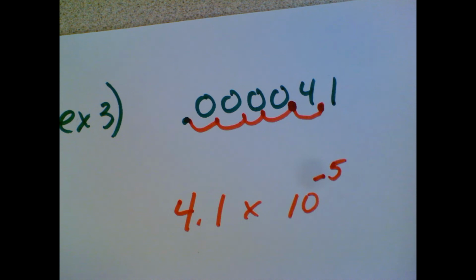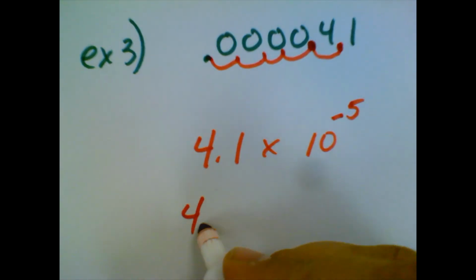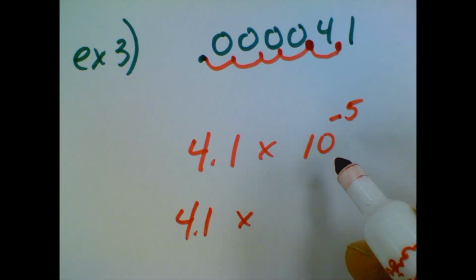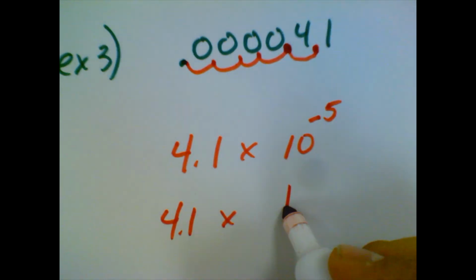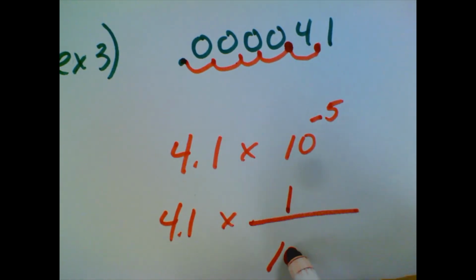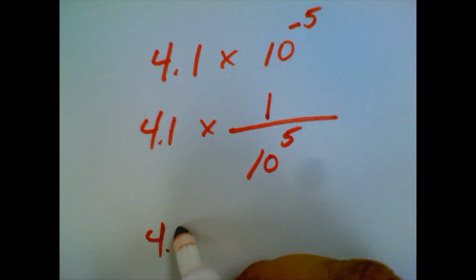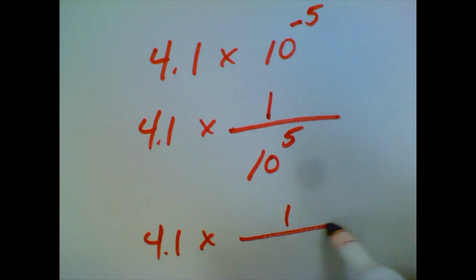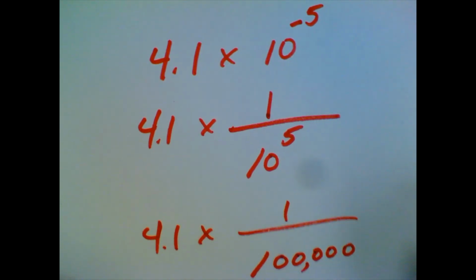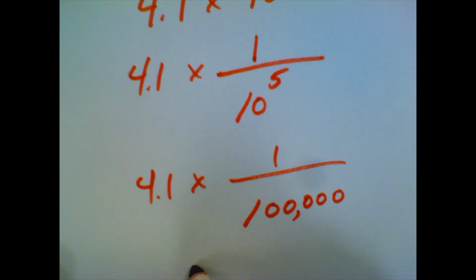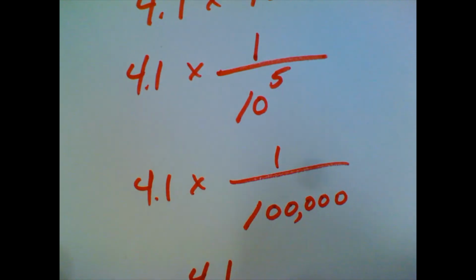Okay? And the reason is because remember we did negative exponents the other day? You have 1 over, in this case, 10 to the 5th power, which is 4.1 times 1 over 1 with 5 zeros, 100,000. Okay, and this would be the same thing as 4.1 divided by 100,000.